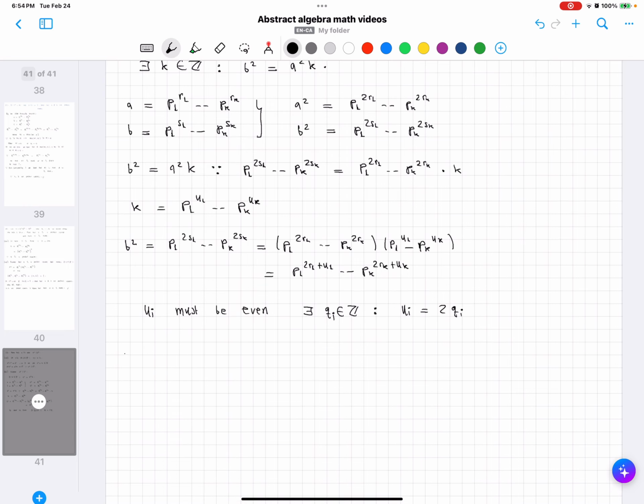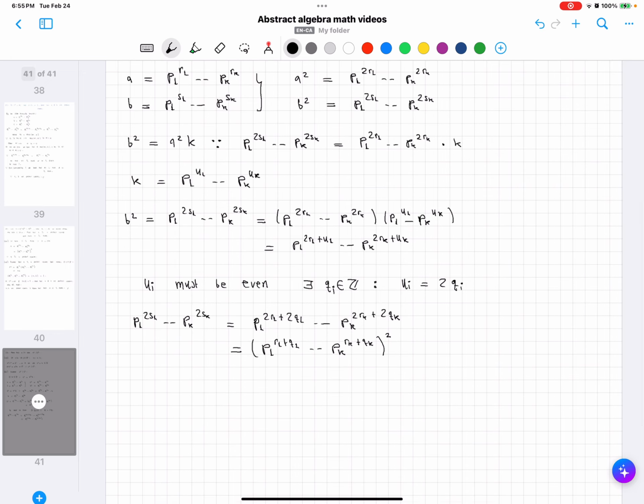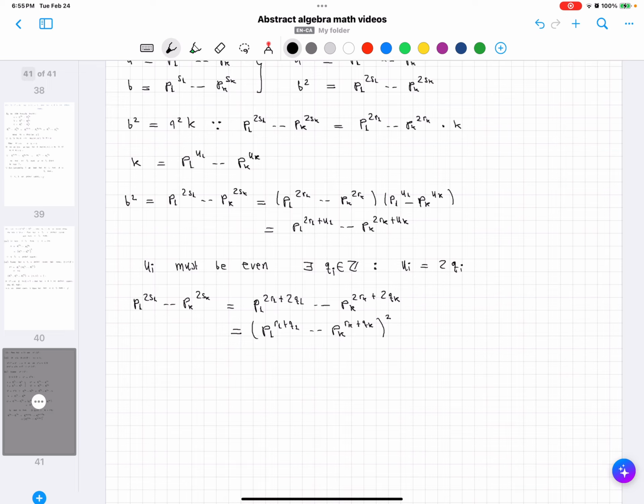So then we have that P1^S1 up to PK^SK is equal to P1^(R1+2Q1) multiplied by up to PK^(RK+2QK), and that is equal to P1^(R1+Q1) up to PK^(RK+QK), all raised to the power of 2, which is equal to P1^(2S1) all the way to PK^(2SK).